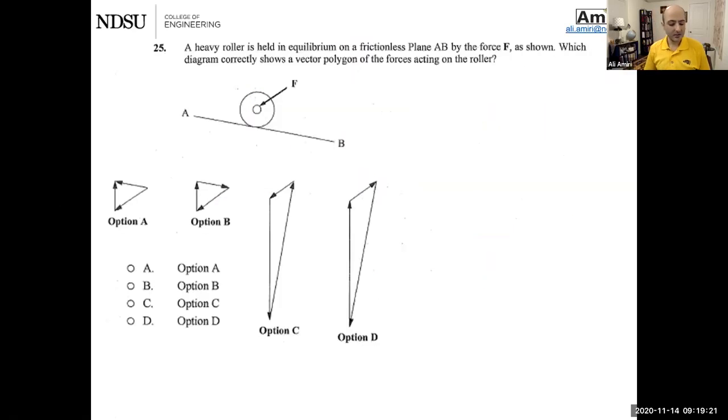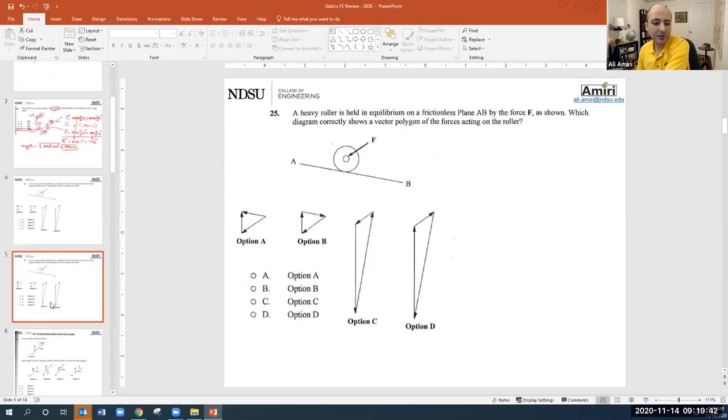Let's look at some other problems that deal with free body diagrams. Let me do something here.